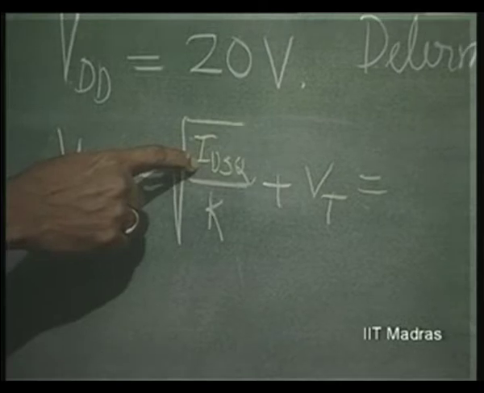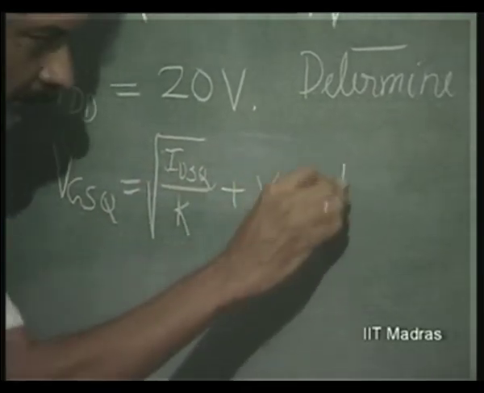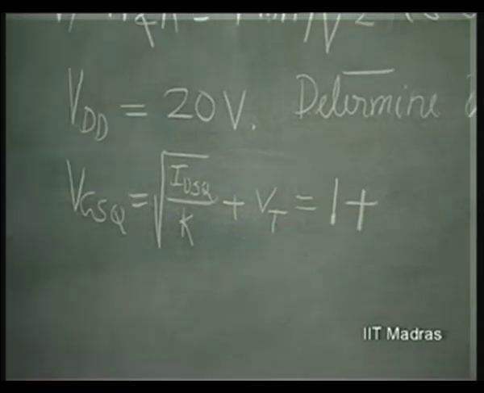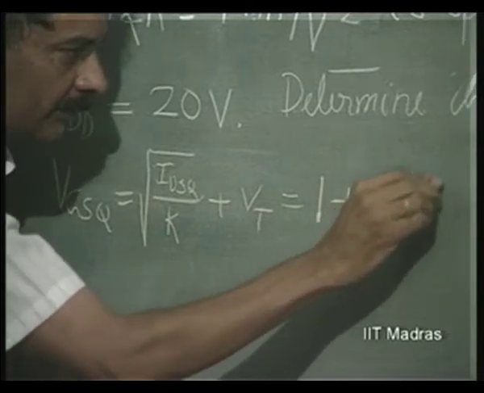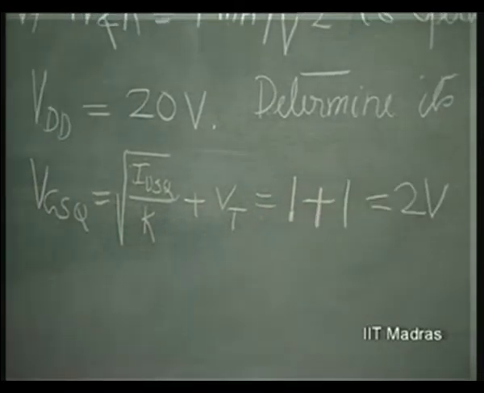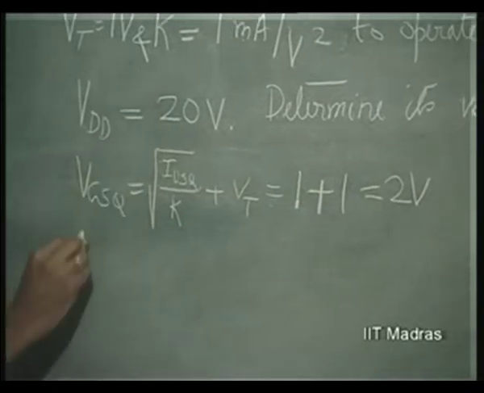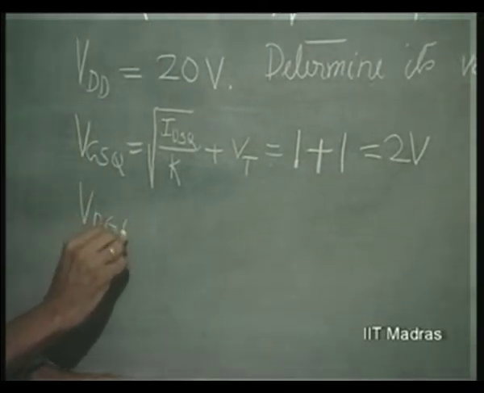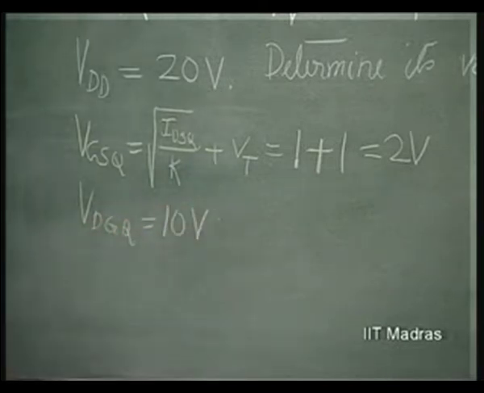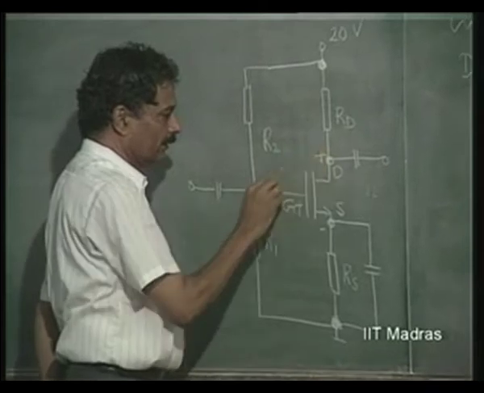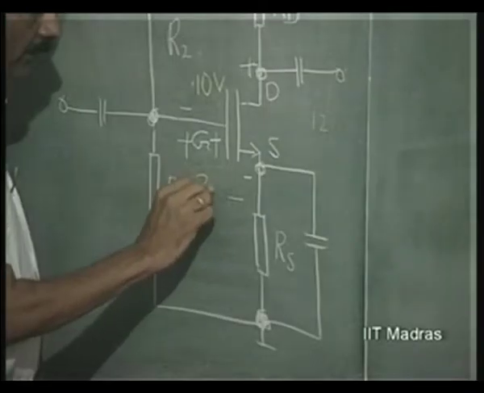IDSQ is required to be made equal to 1 milliampere. So this is 1 by 1, which is 1, plus VT equal to 1 volt. So this should be equal to 2 volts. And we are required to have VDGQ equal to 10 volts. So let us indicate it here. This should be 10 volts. This should be 2 volts.